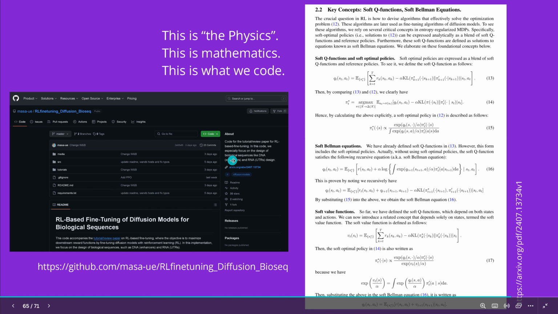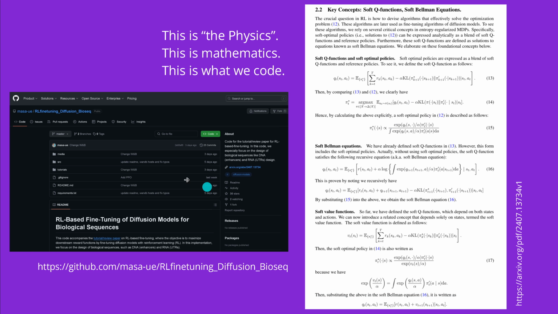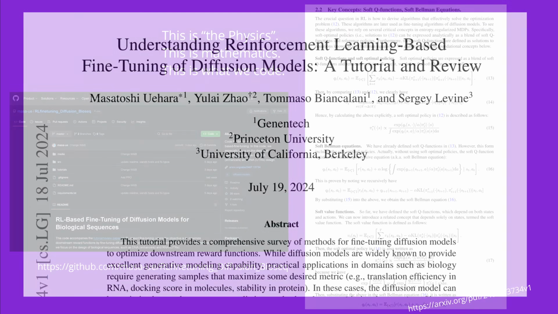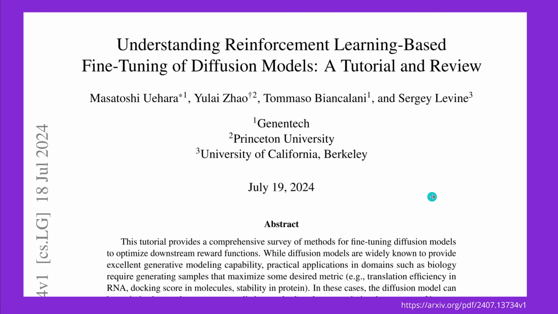So therefore, I would recommend you do not start with the code base, but you start with trying to understand what is going on with the soft Q Bellman function and equations. So therefore, this is the documentation. If you are in any way in reinforcement learning-based fine-tuning of diffusion models, in any way in bioinformatics, you have to see this publication by those researchers, Genentech, Princeton University, UC Berkeley.